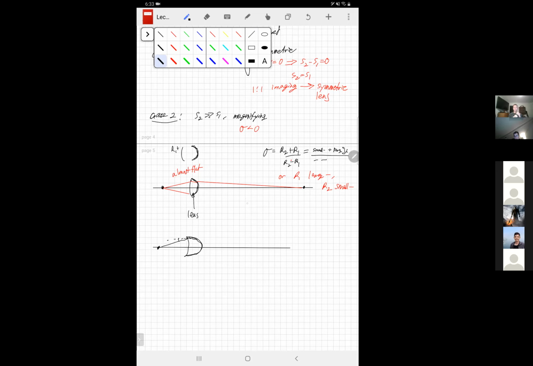So what I want you to take away is that when the shape factor is negative, the overall bulge is to the right. Basically, the bulge goes towards the more distant object.